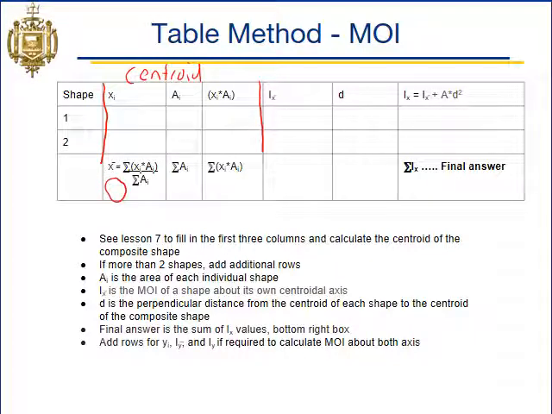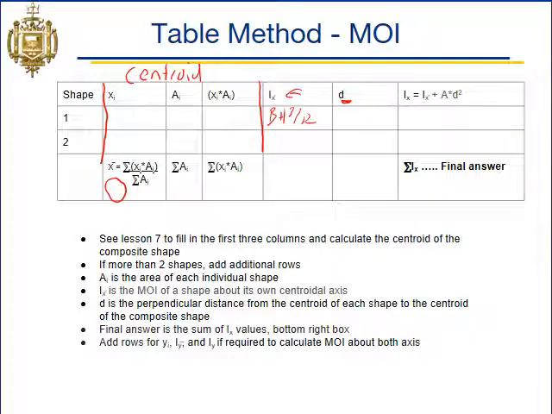We get that done, and then we calculate the moment of inertia for each shape about its own centroidal axis, so that's our Ix bar. This might be bh cubed over 12 if it's a rectangle. We do both of those. Then we need our distance. Remember, this distance is where I think most students get confused.